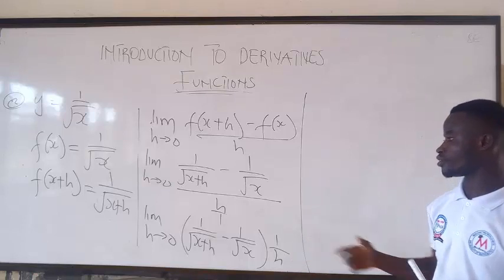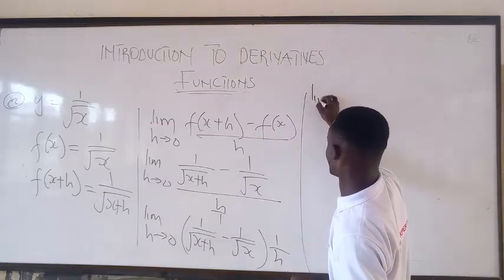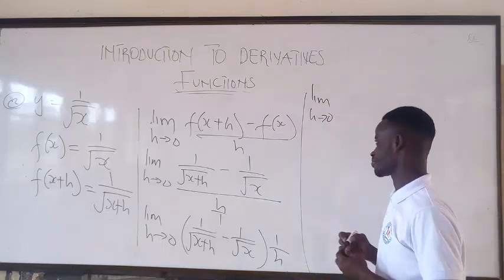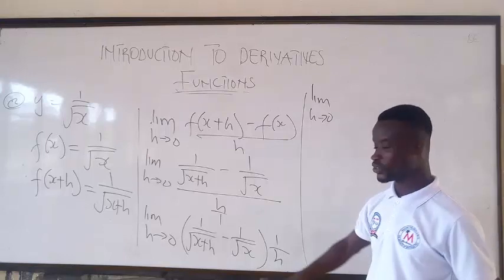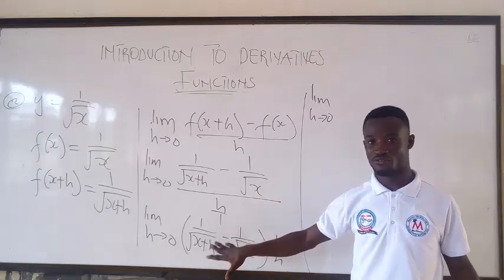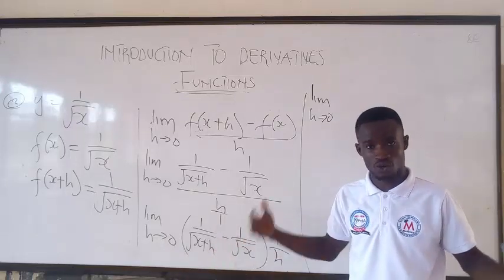Alright, so now, let's continue. It's still algebra, okay? Looking at what we have in the bracket, we can find the LCM. That's the only thing you can do. Without it, you can't continue.